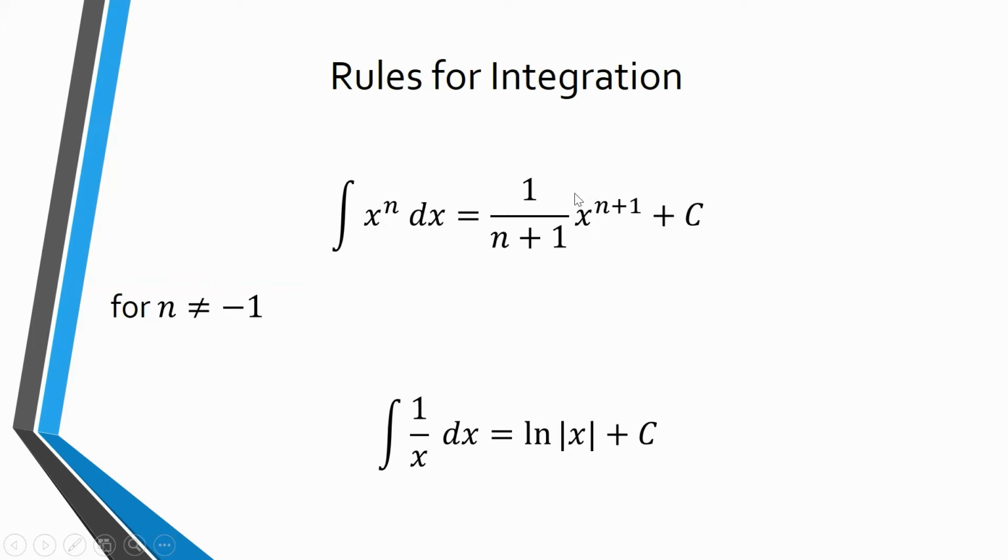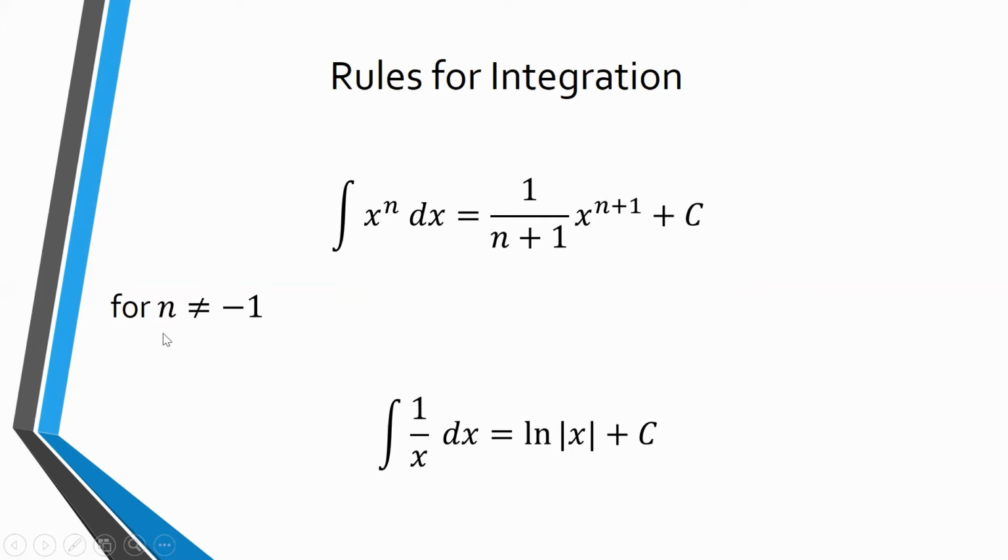And then instead of multiplying the coefficient, I need to divide by the new exponent, the n plus 1. So this is the power rule in reverse. Obviously, if we're finding the indefinite integral, we have to tack on a plus c at the end.